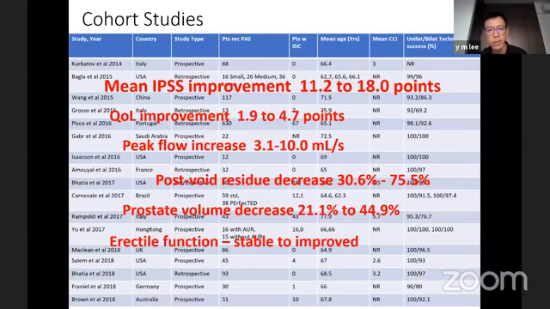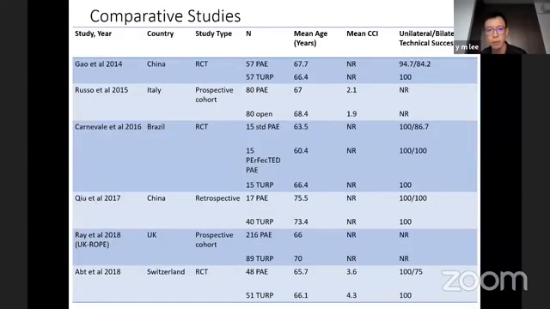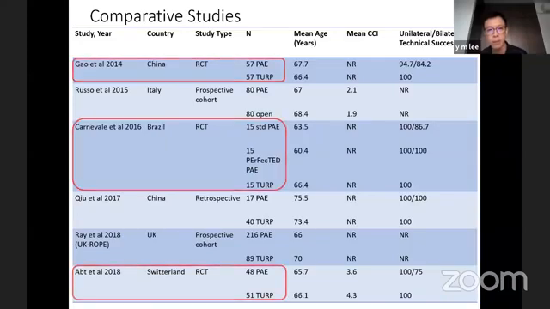And interestingly, a few studies actually show there's an improvement in erectile function. There have also been several comparative studies done, including 3 randomized controlled trials comparing PAE with TURP, and also 1 comparing PAE with open prostatectomy.